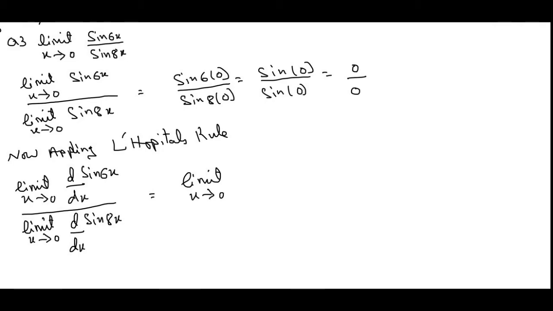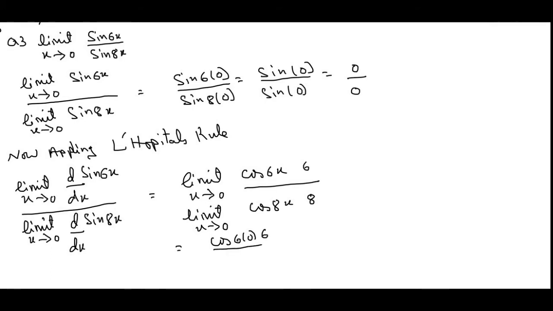x approaches 0, cos 6x and the derivative of the angle, which is 6, divided by limit x approaches 0, cos 8x and the derivative of the angle, which is again 8. So applying the limit, we get cos 6 times 0 into 6, whole divided by cos 8 times 0 into 8.